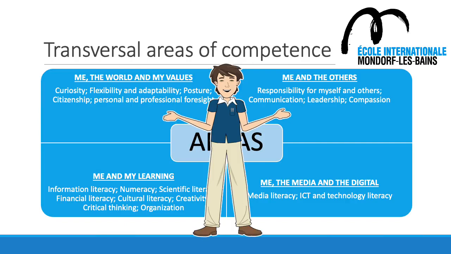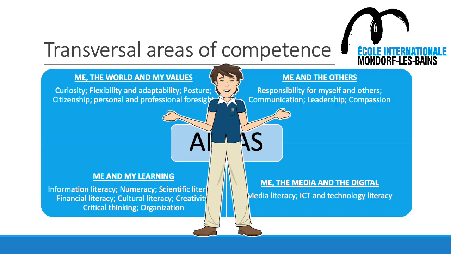The transversal portfolio encompasses four transversal areas of competence, covering all learning that young people will undergo in school until their final exams. Me, the world, and my values is about personality, attitude, and personal development.